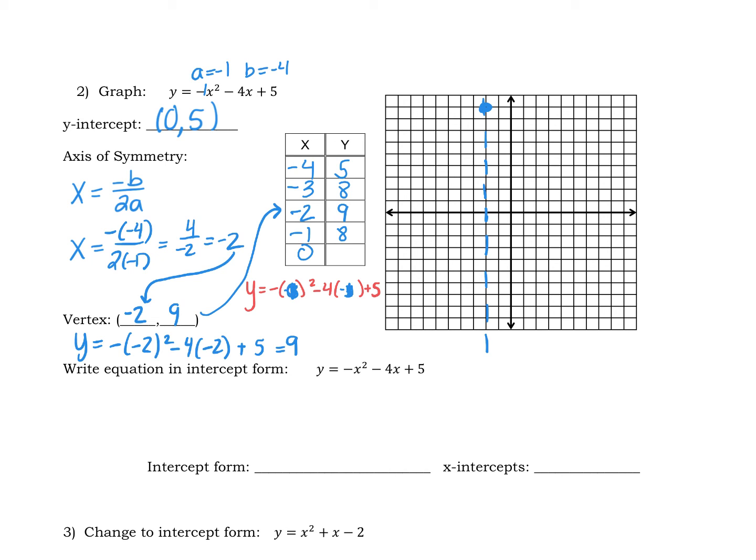Then I'm going to plug in 0, and I'm going to get 5, which actually I already know from here. So let's plot these points. -4, 5, -3, 8. I already plotted my vertex. -2, 9. And then 0, 5. And then I can draw my parabola.